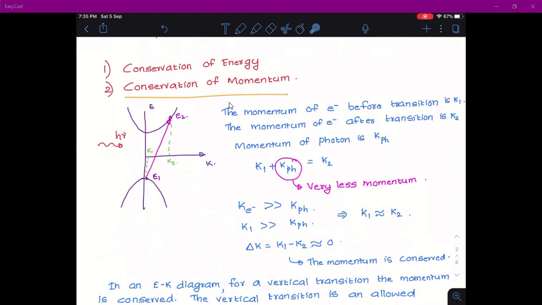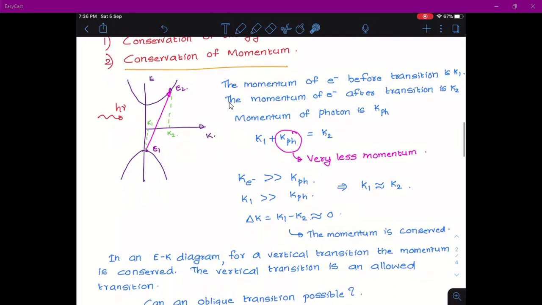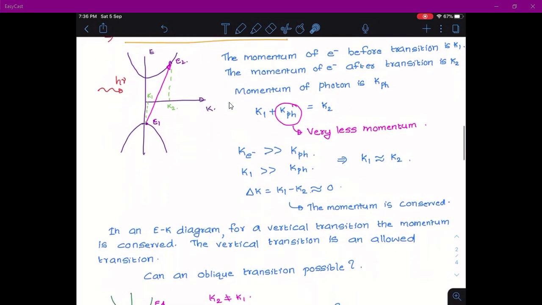So we have seen how the conservation of energy works. In the momentum case, the incident light always has a momentum. If you look at an oblique transition, then the momentum before the transition and after the transition should be the same. Before the transition you have a total momentum of the electron and the photon, and after the transition there is some momentum.